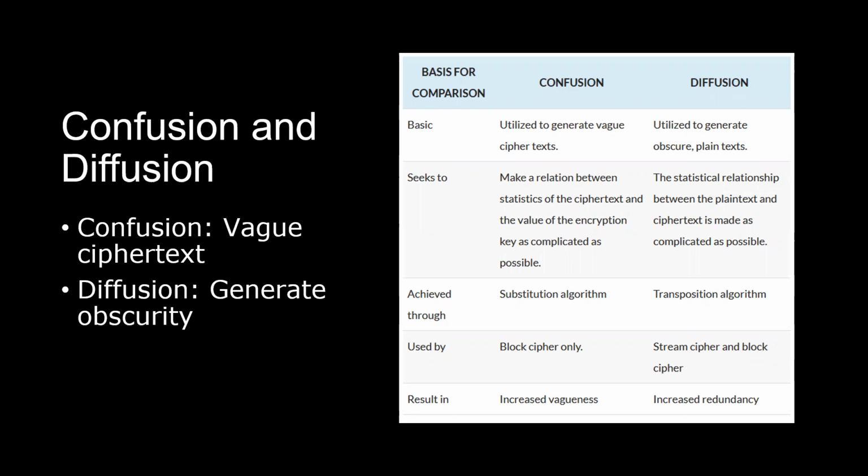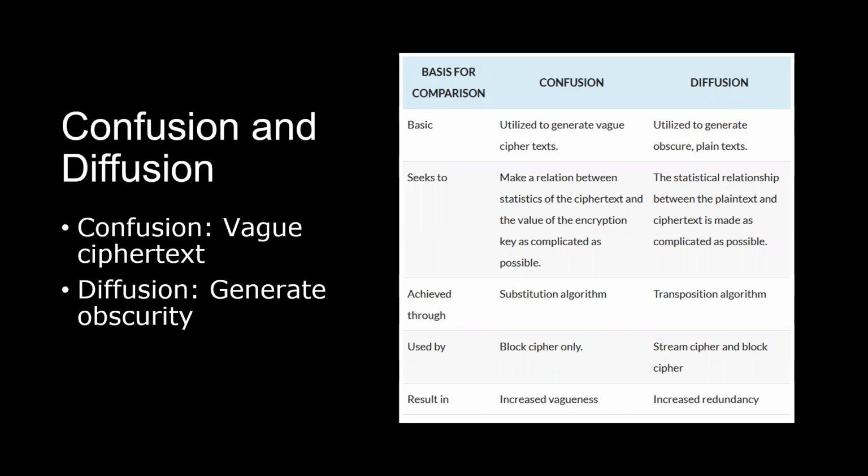This can be achieved by using substitutions, which is what we'll go over, or by scrambling algorithms that rely on keys and the input text. Diffusion is a cryptographic technique that increases the redundancy of the plain text to obscure the statistical structure we mentioned before, and this helps prevent attempts to deduce the key.